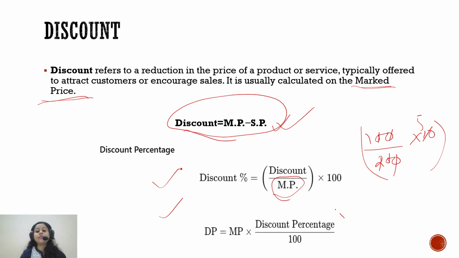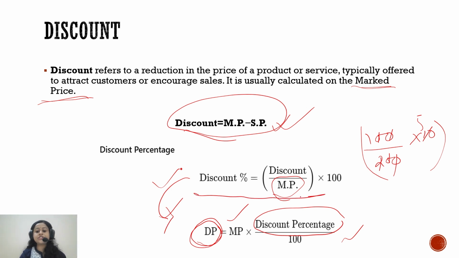And if the discount amount is not given, but the discount percentage is given and the marked price is given, then to find the actual discounted price, you have to apply this formula. We are just changing the sides here. If you change the side, you will get this formula.